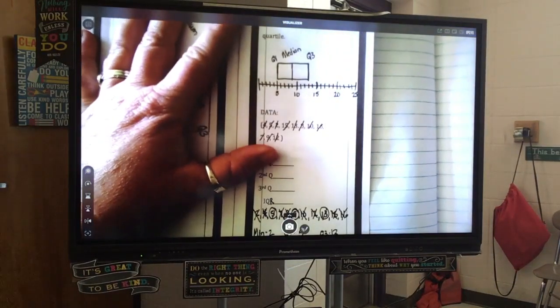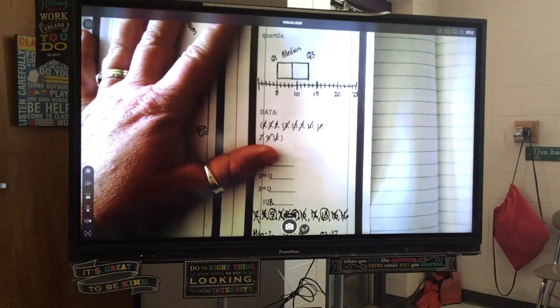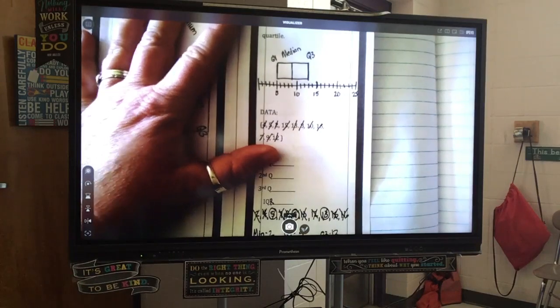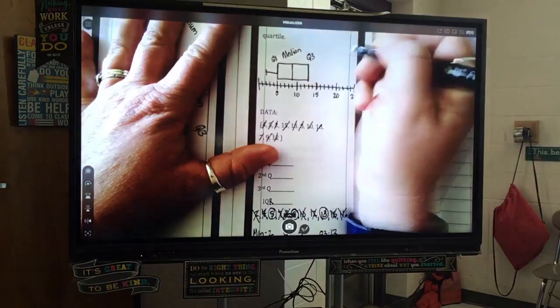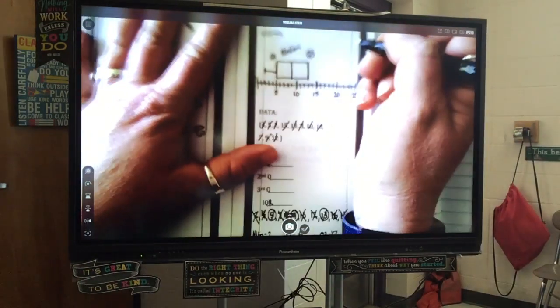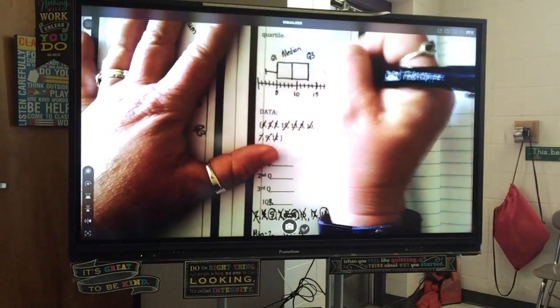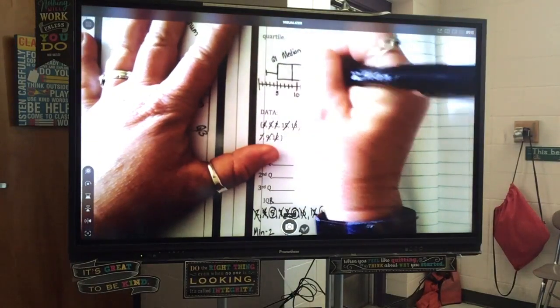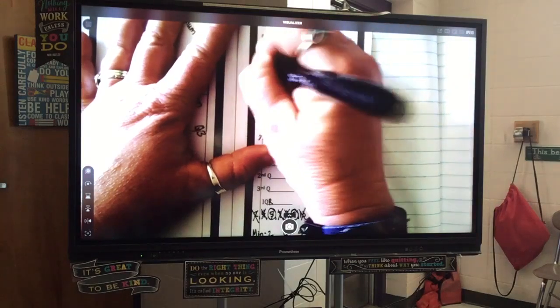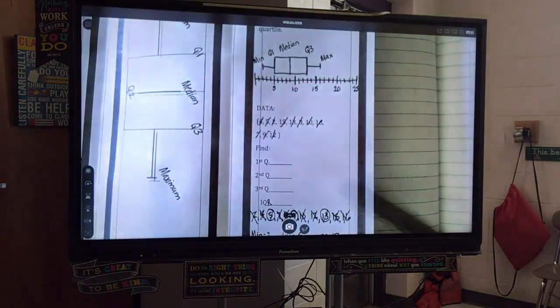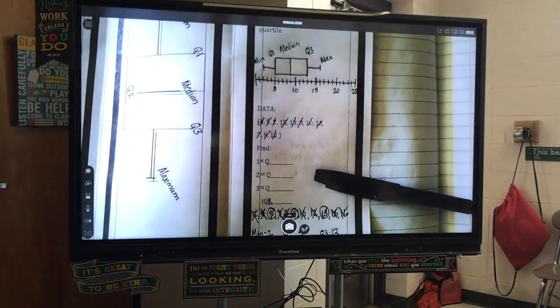What was my minimum? Brock? And what was my maximum? Michaela? 16. So there is your box and whisker, based off of the information that we came up with from our data.